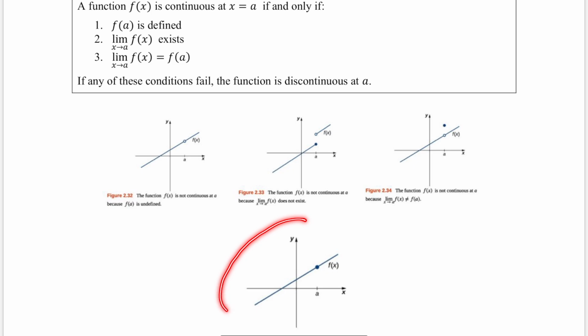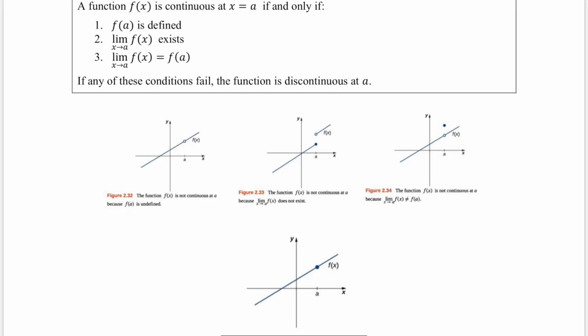Now look at the fourth graph. This is an example where the function is continuous at a. Notice the closed dot fits exactly where the graph approaches. The limit and the function value match. Everything connects perfectly.